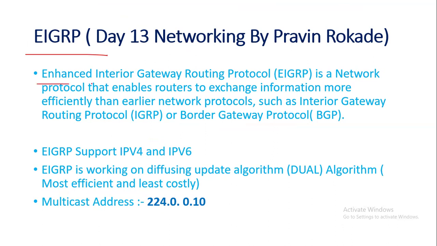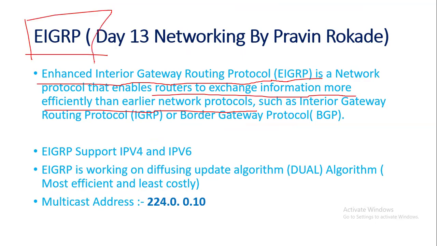What is Enhanced Interior Gateway Routing Protocol? It exchanges information more efficiently than earlier network protocols. That is how neighbors are built between routers using EIGRP, which we will check here.